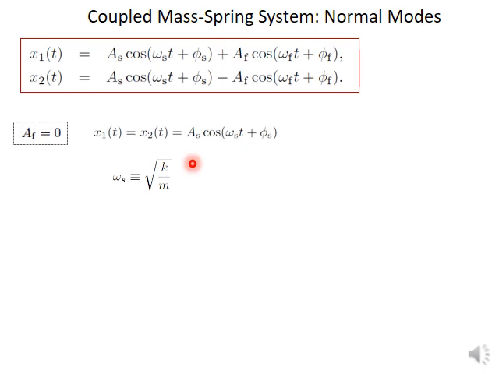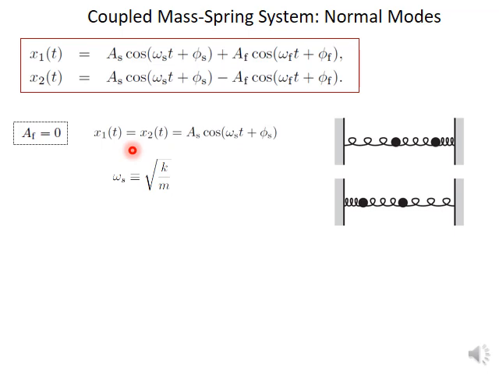What does this mean? It practically means that, let's say, if x1 is positive towards the right direction, x2 would also be in the positive direction with the same magnitude.